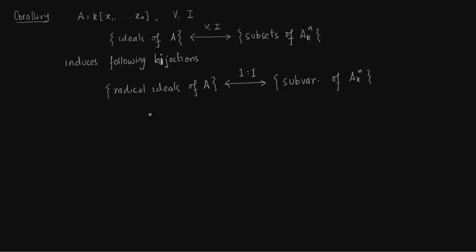Now, these radical ideals contain prime ideals, which are in one-to-one correspondence with the irreducible subvarieties of the affine space. This we will show separately. So prime ideals are in one-to-one correspondence with irreducible subvarieties.